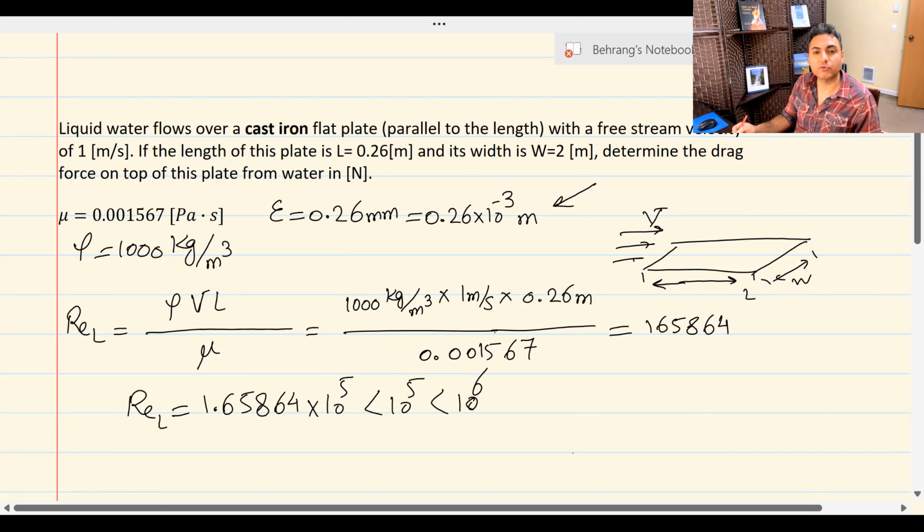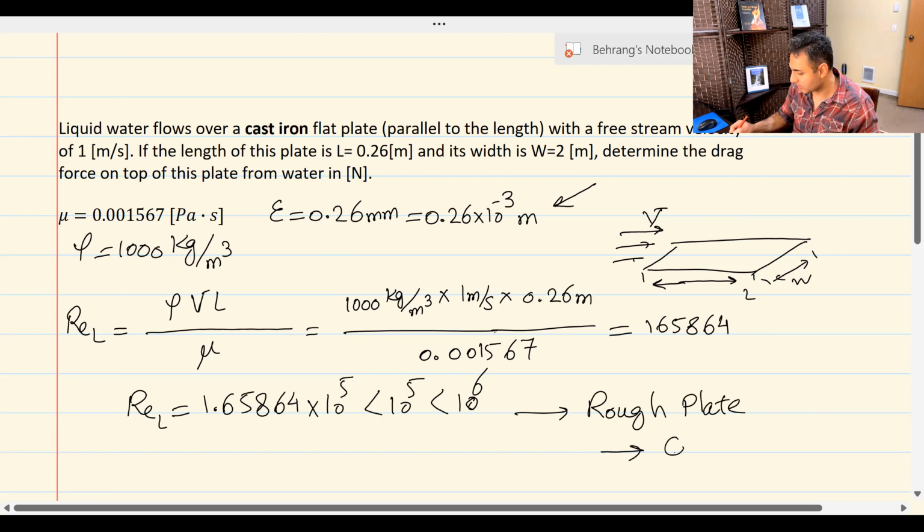Because this is a rough plate, if it was smooth and did not trip the boundary layer, we could fit it into category 1. But this is a rough plate, and because it's a rough plate, this is going to be category 5.